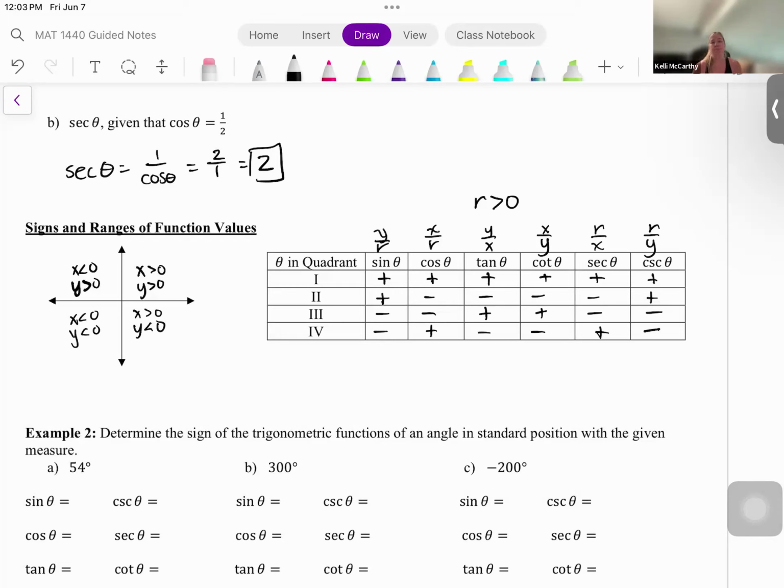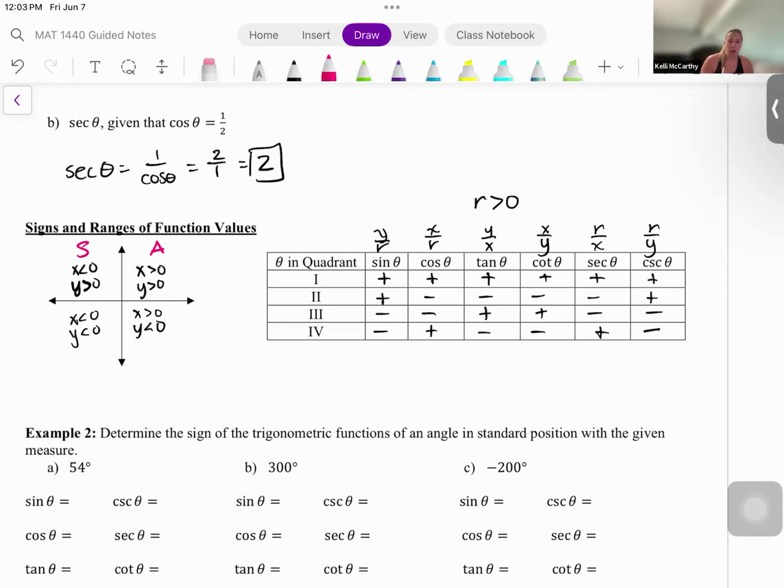Now, taking this chart with all these signs, plus or minus, looking at this grid, we can summarize, and there's a nice little acronym that we use, ASTC. What that tells us is that in the first quadrant, all of our trig functions are positive. In our second quadrant, sine is positive, and also cosecant because of the reciprocal.